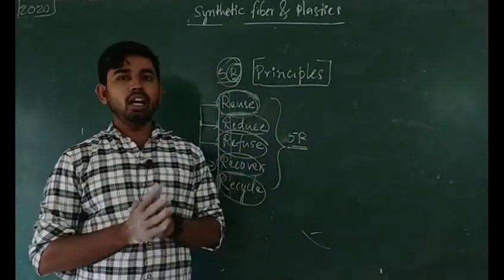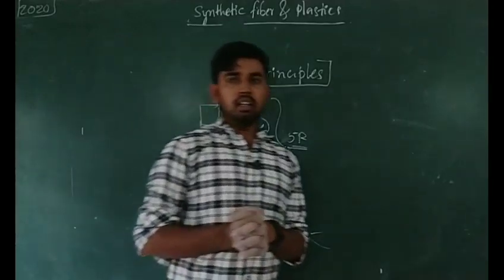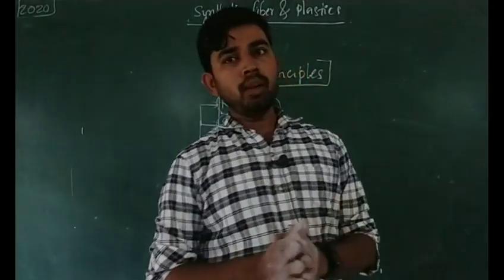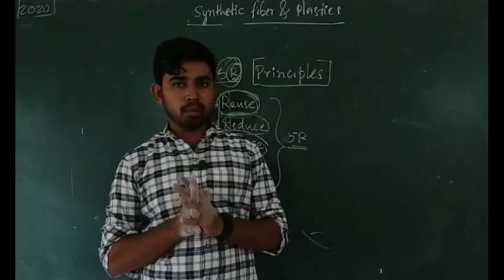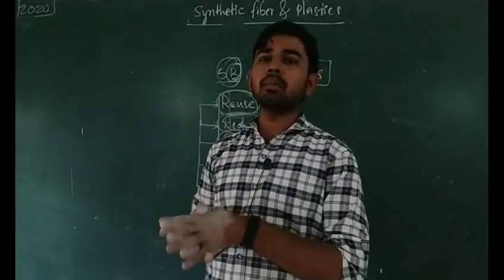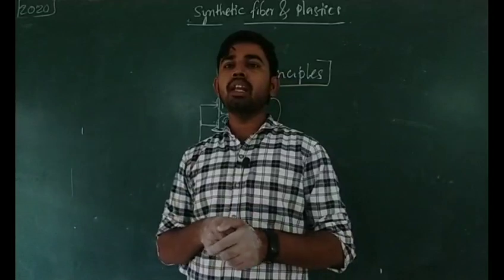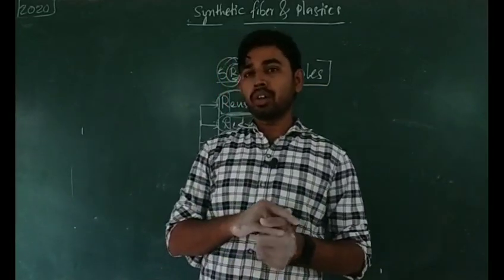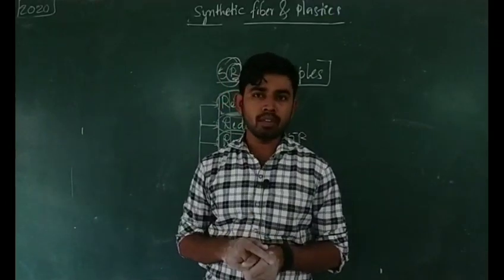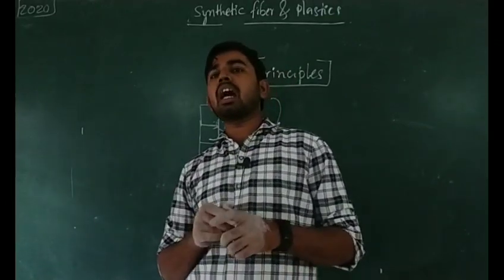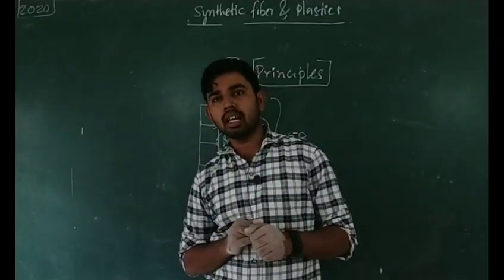Okay, this is the revision of the chapter Synthetic Fiber and Plastic. First, we discussed what we mean by fiber and the kinds of fiber, and within those we mainly focused on synthetic fiber. Then we discussed four types of synthetic fiber: Rayon, Nylon, Acrylic and Polyester.